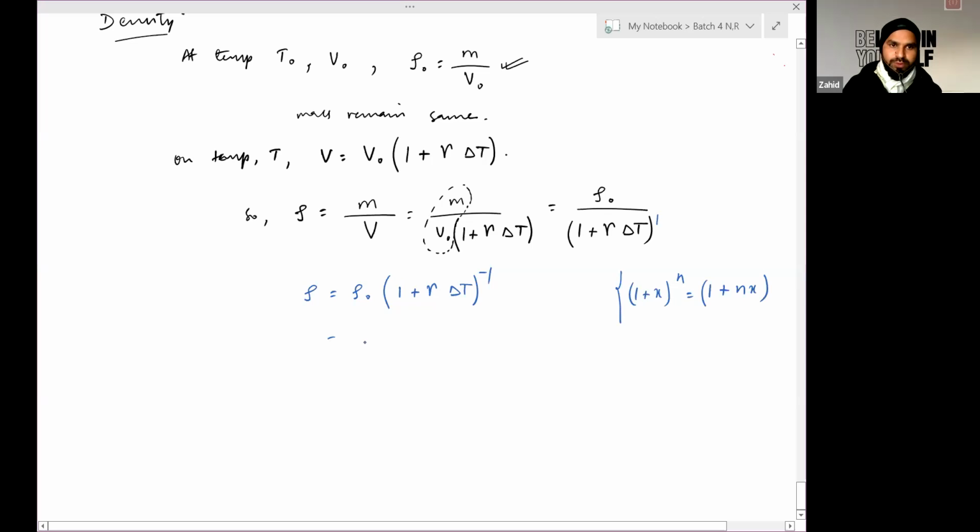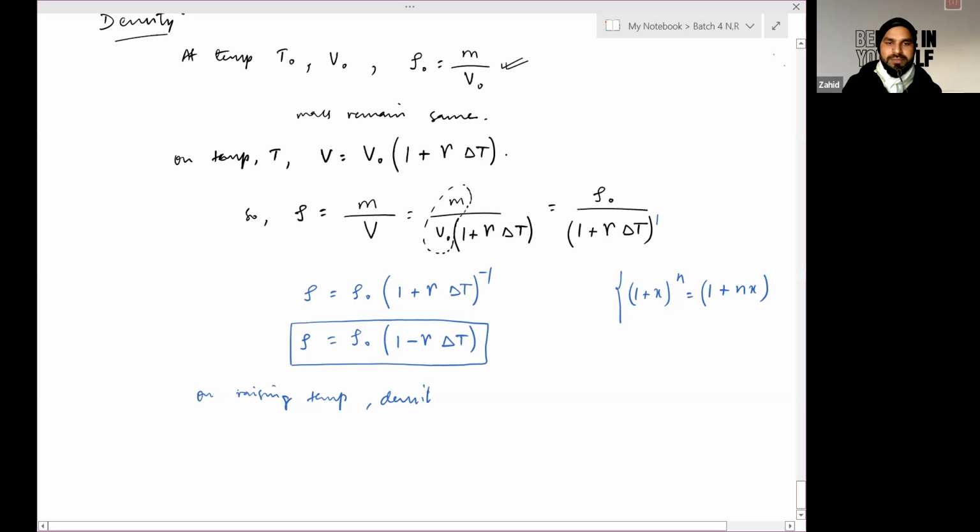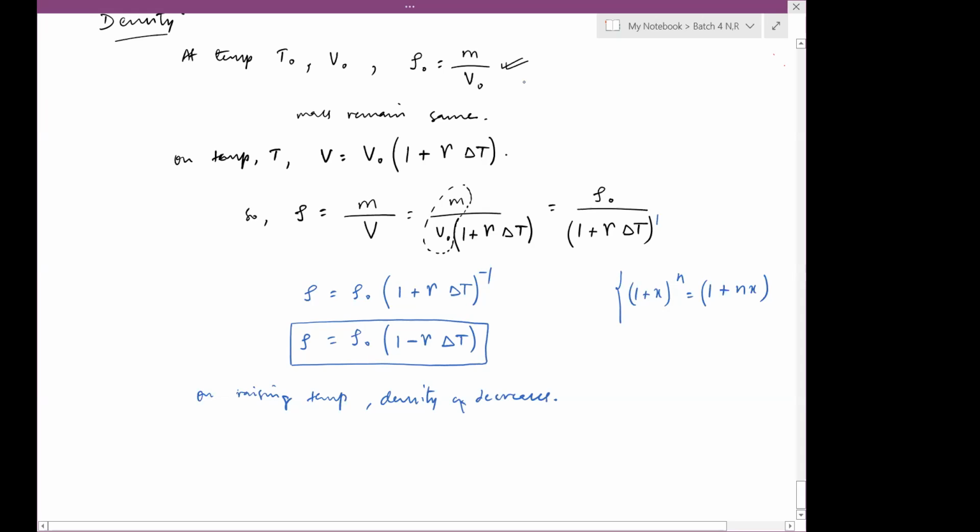So it will become rho equals rho naught times 1 minus gamma delta T. From this relation, we can conclude that on increasing temperature, since we have a negative sign at this part, it will tend to decrease. So on raising temperature, density of an object decreases. Is it clear? Okay, just write it down.